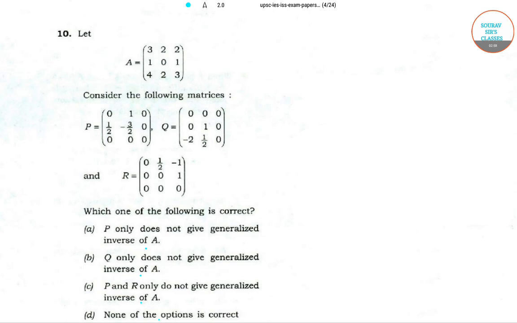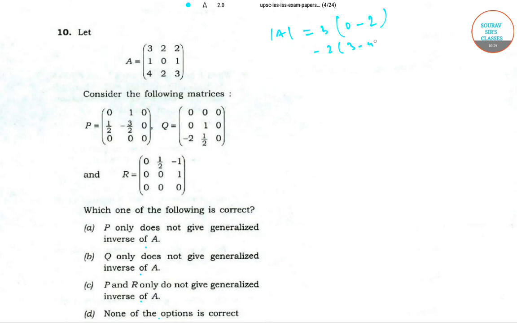So, first let us find out the determinant of A, which comes out to be 3 into 0 into 3 gives me 0 minus 1 into 2 gives me 2, that is 3 into minus 2, minus 2. 1 into 3 gives me 3 minus 1 into 4 minus 4, plus 2. 1 into 2 gives me 2 and minus 0 into 4, so 0.